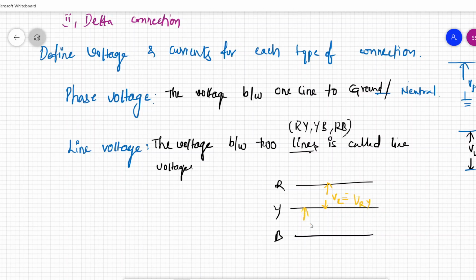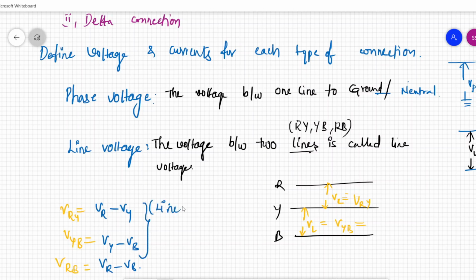Similarly, the voltage between lines Y and B is also line voltage, which is VYB. VRY can be written as VR minus VY. Similarly, VYB can be written as VY minus VB, and VRB can be written as VR minus VB. Okay, so these are line voltages, and these are phase voltages.